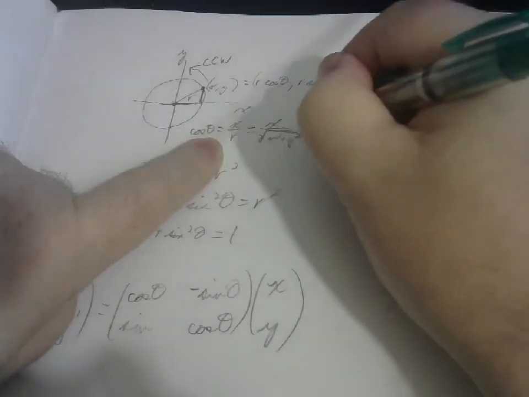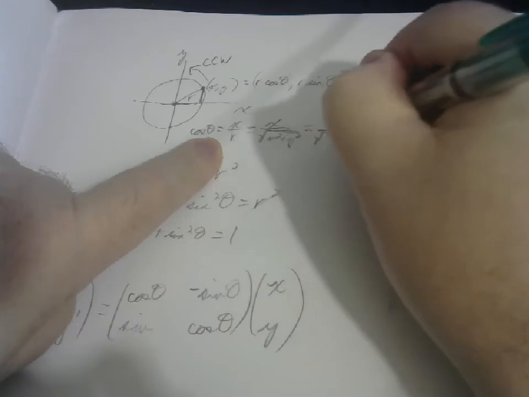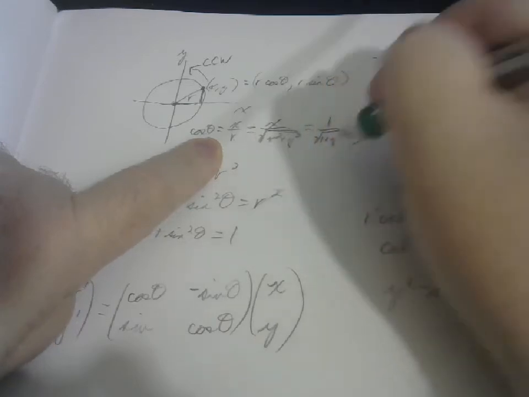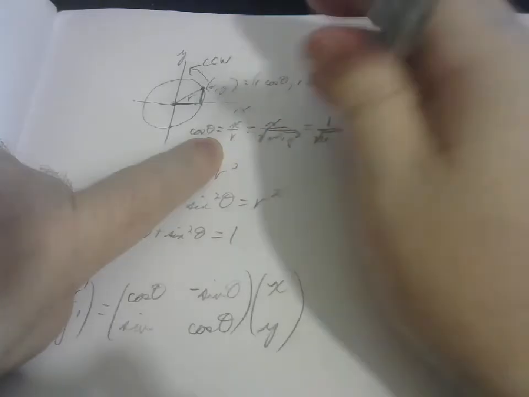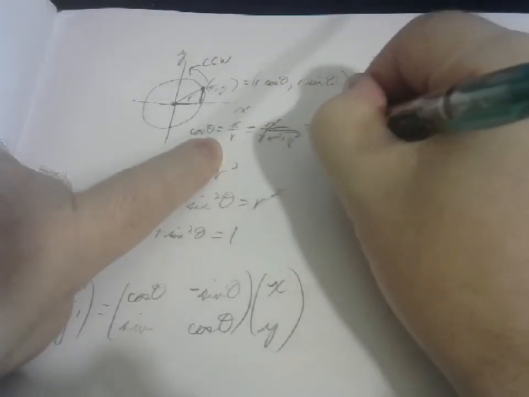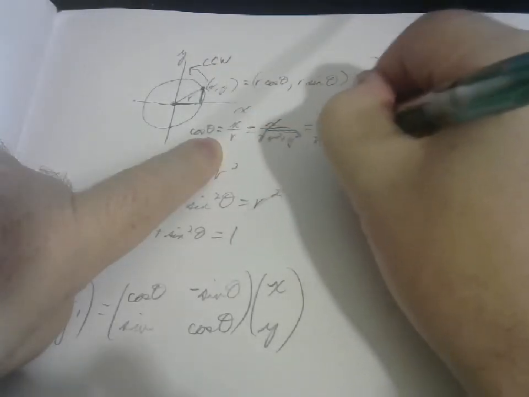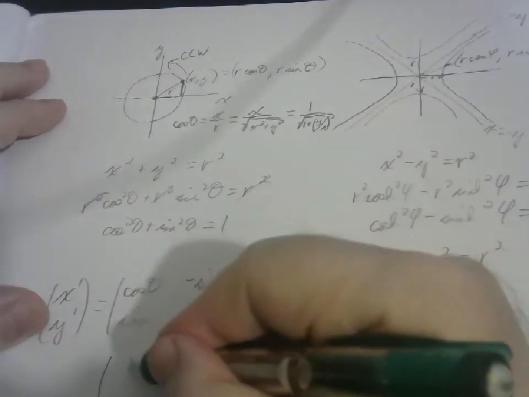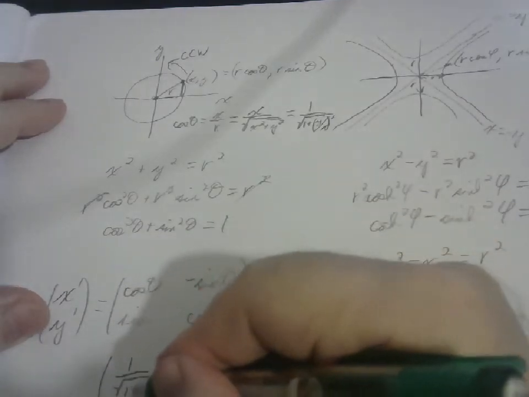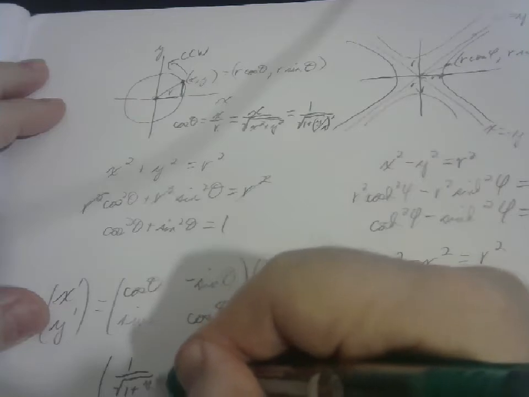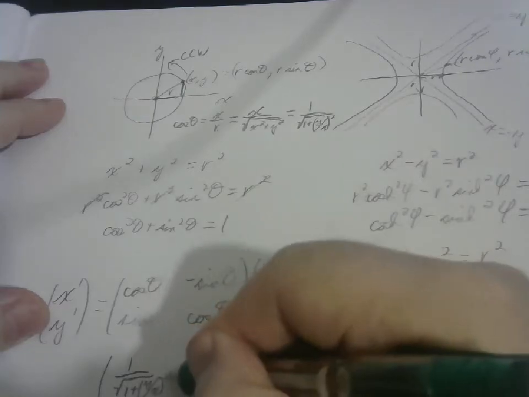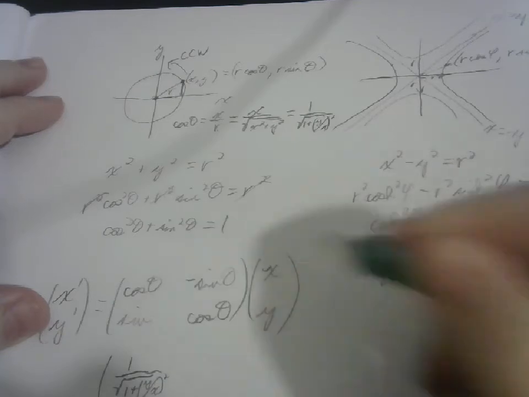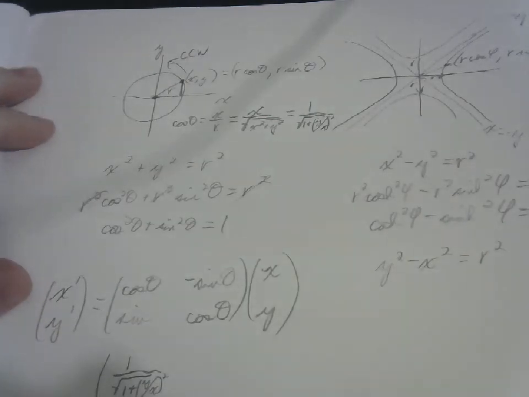Pythagorean theorem there. Then I'm going to divide by x over x, so I'll have 1 over the square root of 1 plus y over x, squared. So cosine theta is 1 over the square root of 1 plus y over x squared.